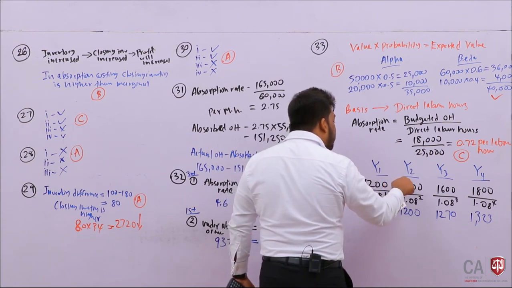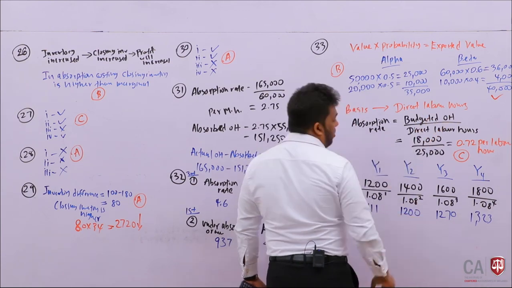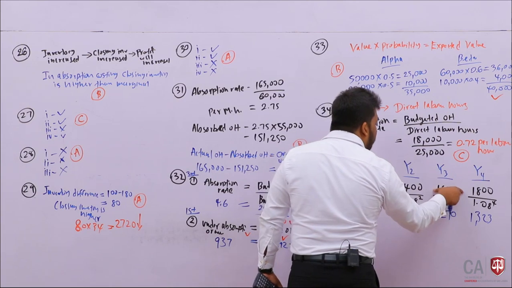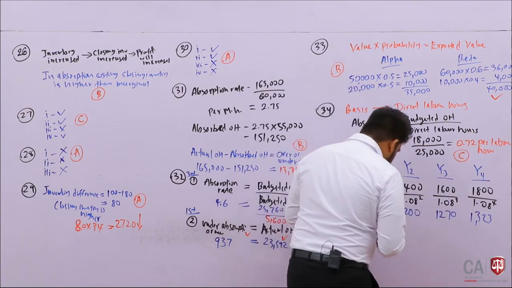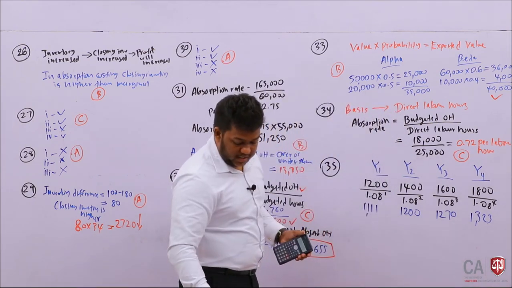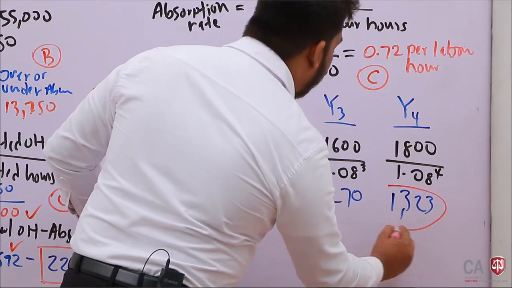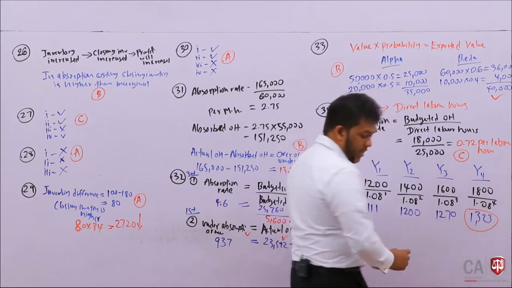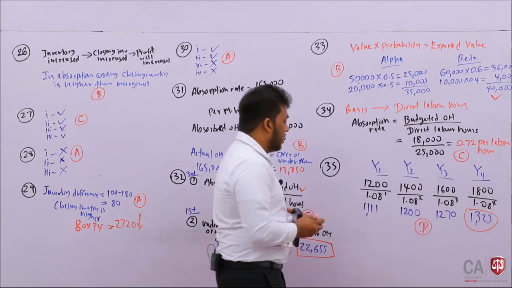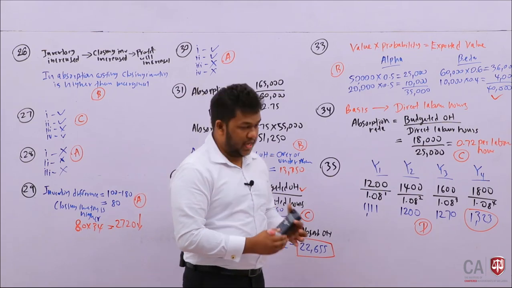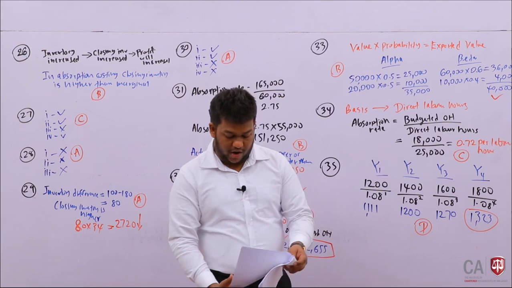Whatever you receive in year 2 has a lower current value. You will get 1600 in year 3, but the current value of this is this much. But in these cases, the highest one is year 4. So this is the answer. Answer D. 1800 in year 4 will be worth the most. That is the end of question number 35.